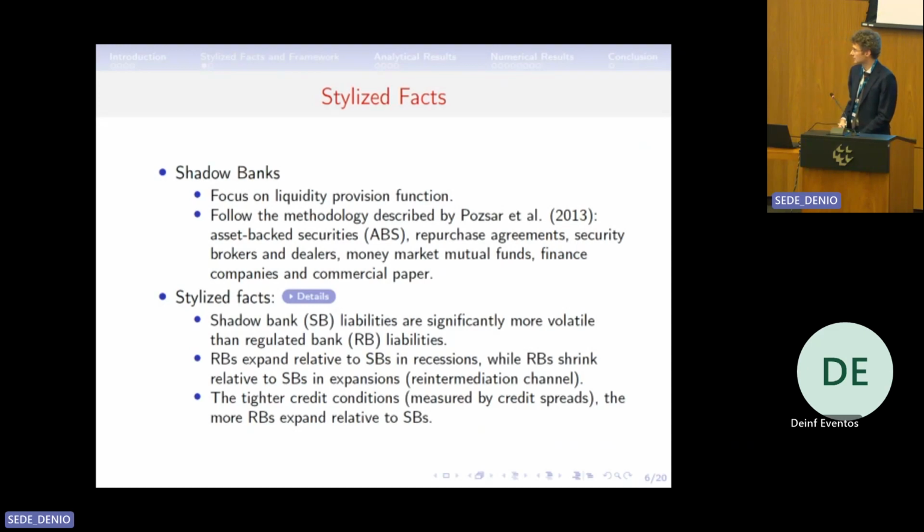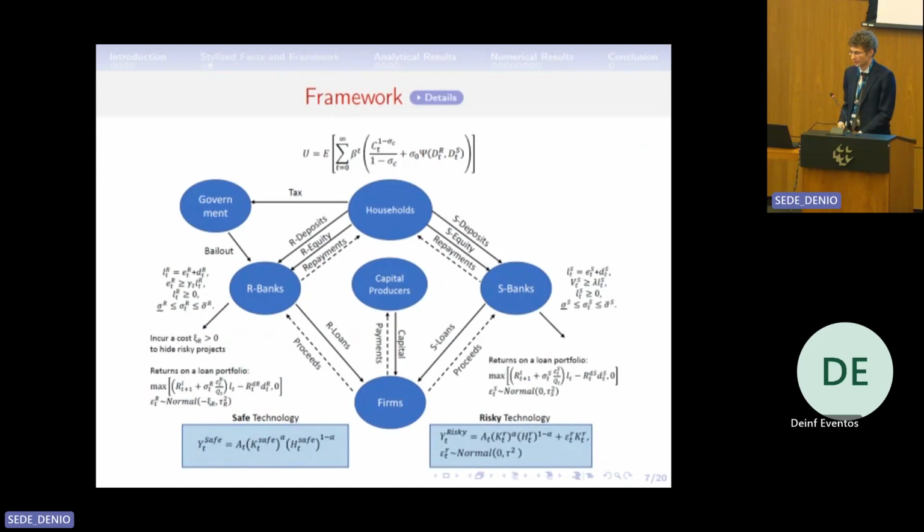I call this the reintermediation channel, and it is key to the additional risk-taking incentives that my framework gives me. And the third one is a link between financial conditions and the relative expansion of one type to another.